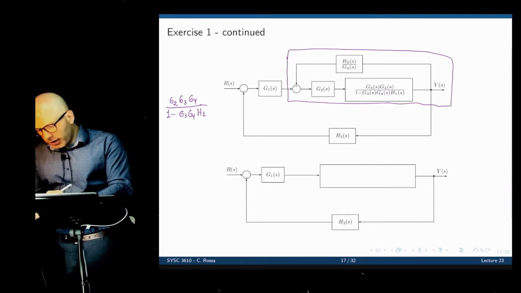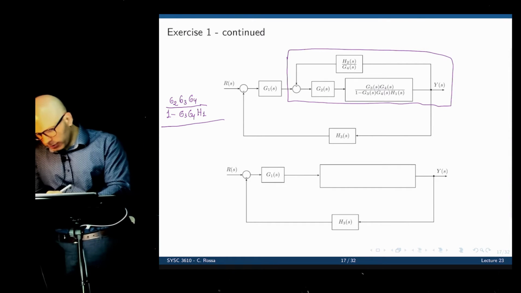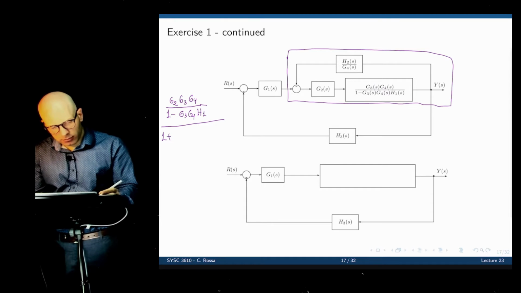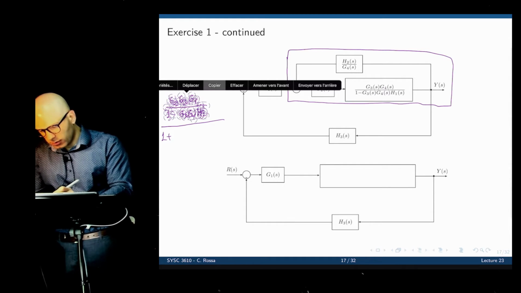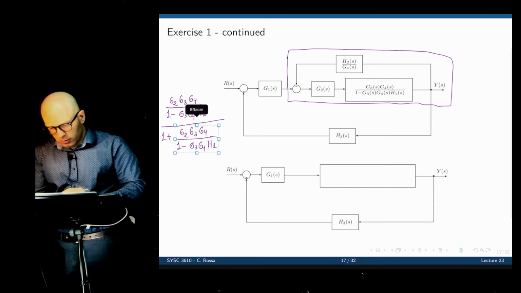And now we divide the whole thing by what? 1 plus the same function, and multiply by H2 over G4.